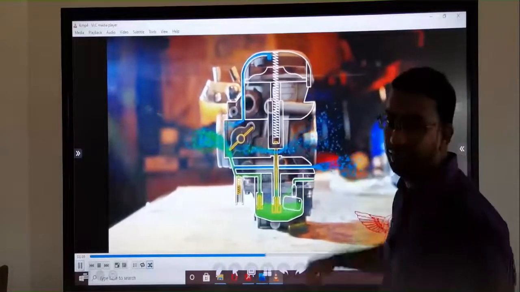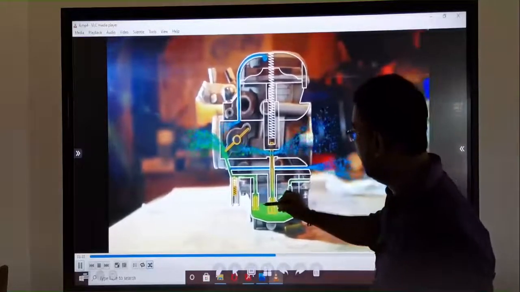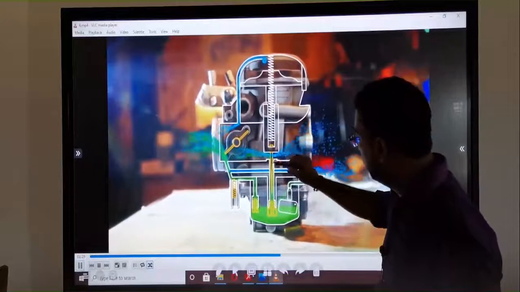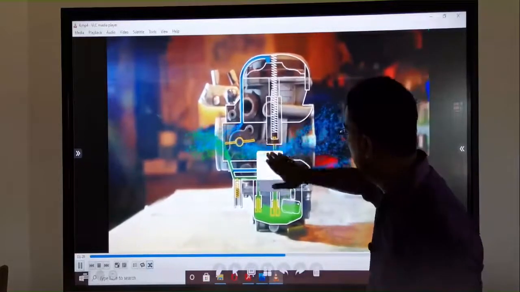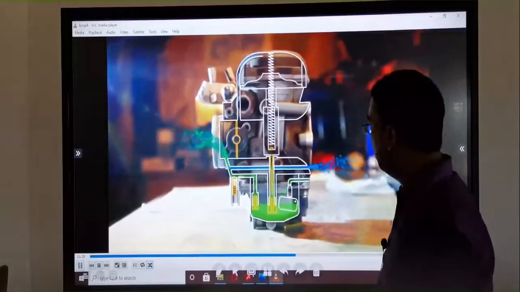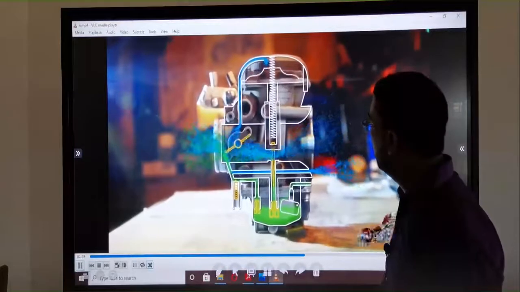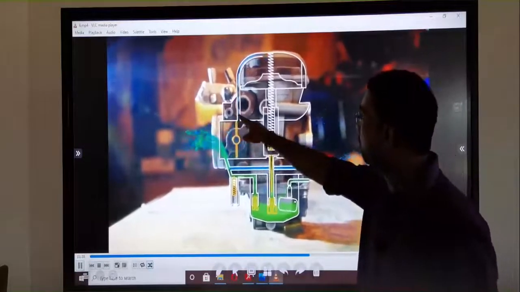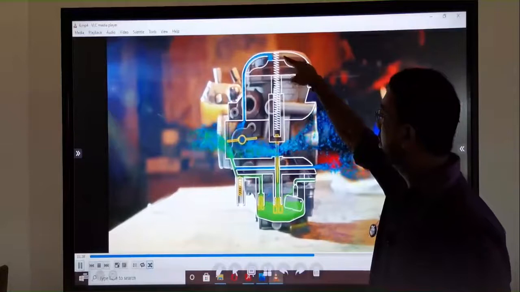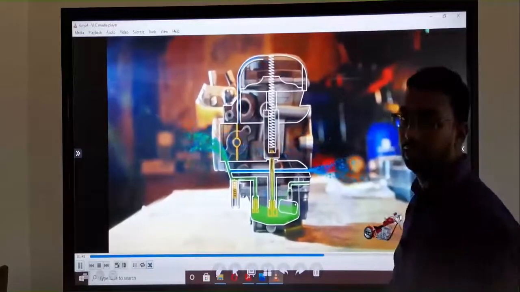At that time this main way is open, so the main fuel comes to this main jet and mixes. When this is closed, this path is also closed. So this diaphragm arrives at the starting point.